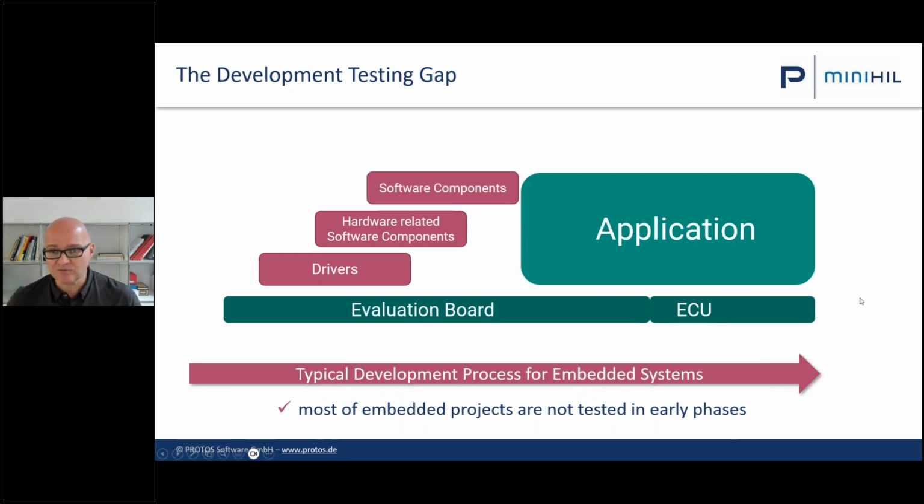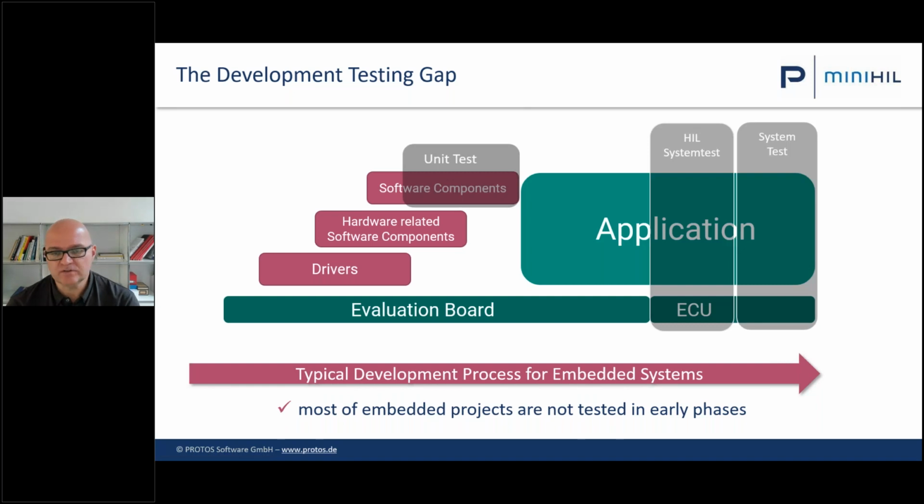Yeah, and the problem is, where do you want to test, or where do you have to test? Usually, in most development environments, the pure software components are tested with unit tests. That's a very cheap and fast way to have a certain test coverage, but it's usually not enough, because it's really hard to test things like a motor controller or battery controller, or even drivers with a unit test.